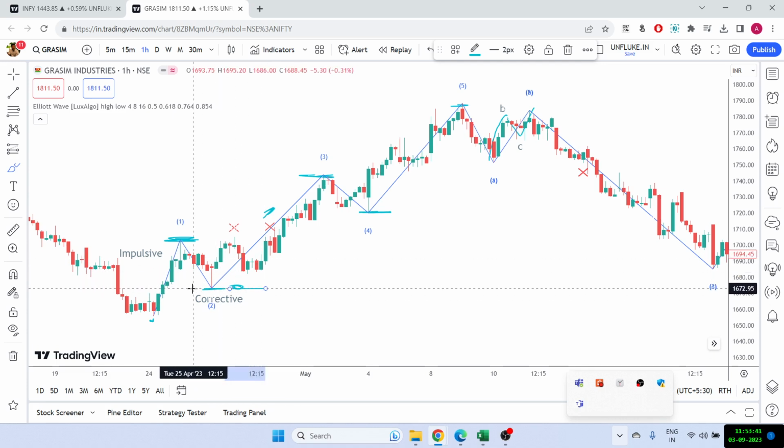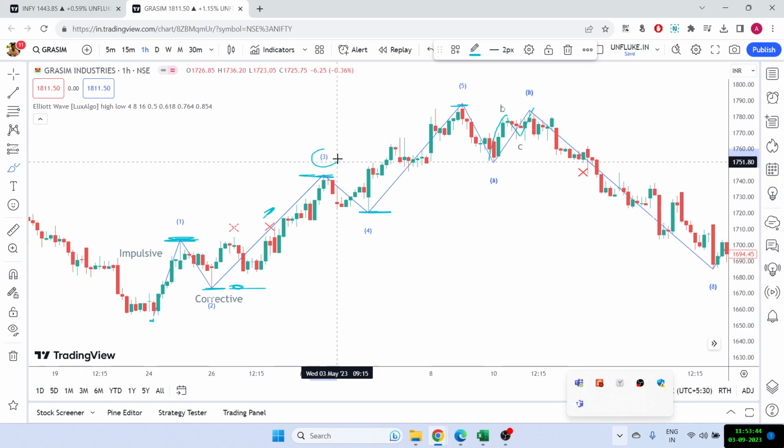Let's say you have missed this entry, but you see a number 3 here. And now we know that the market has to come down, and it has to stay above this number 1 for it to be a correct Elliott wave. So at about this low, you can go for an entry, and you can keep the stop loss below this one.